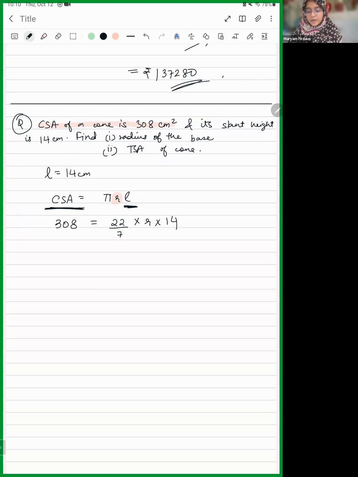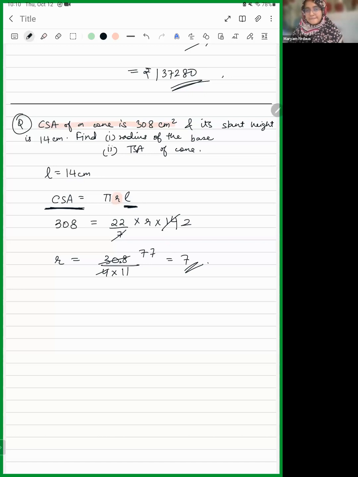So R comes out to be how much? Someone solve it and tell me. R is 7.